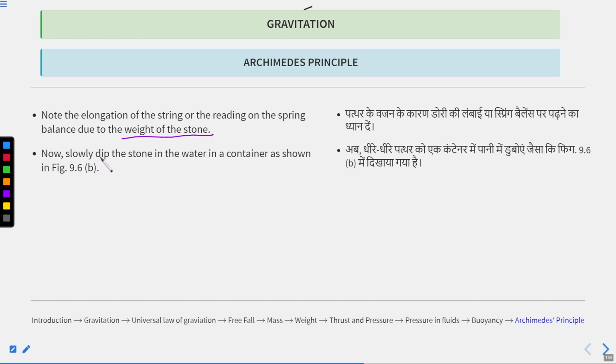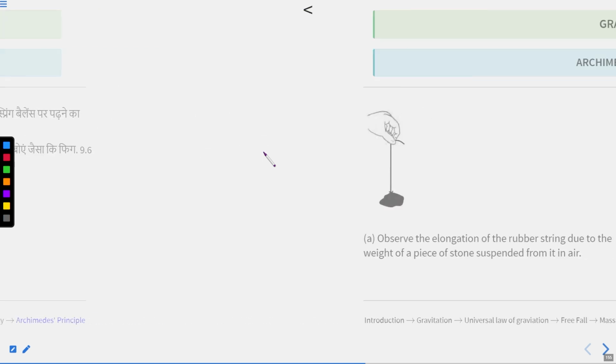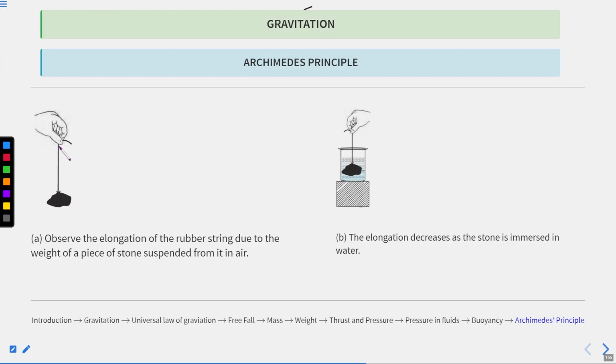Now slowly dip the stone in the water in a container. You have first measured this elongation, this length. Now you have put that object in the water. What are you going to observe?